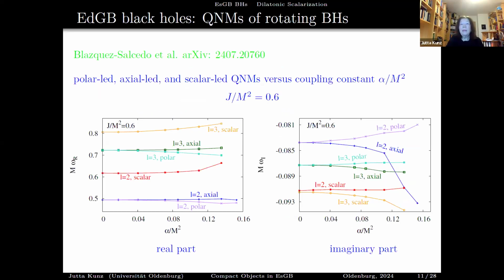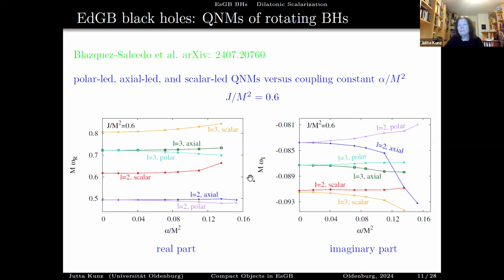And in here you saw, and Jose explained nicely, that we have, for a given multipole, 3 channels, the polar and the axial, which you have in general relativity also, but now the scalar is mixing in. But we can also have this scalar channel or scalar-led channel because they are mixing in.